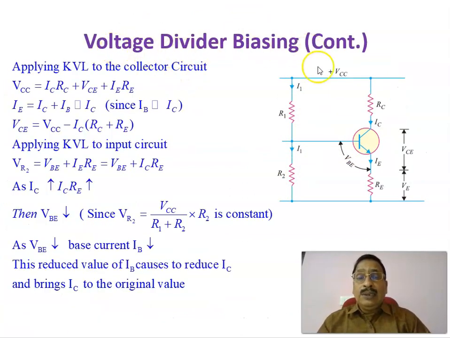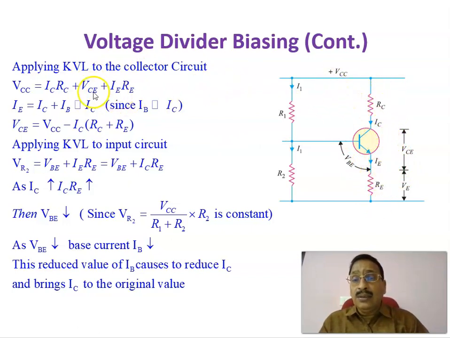Continuing the voltage divider biasing, here we apply Kirchhoff's voltage law to the collector circuit, the output circuit. The voltage VCC equal to the drop across RC, IC into RC, plus VCE plus IE into RE.